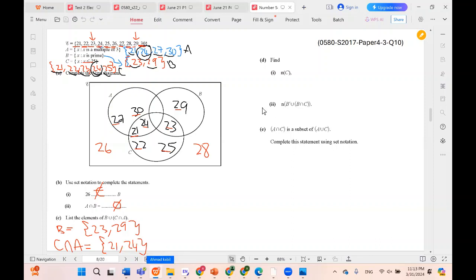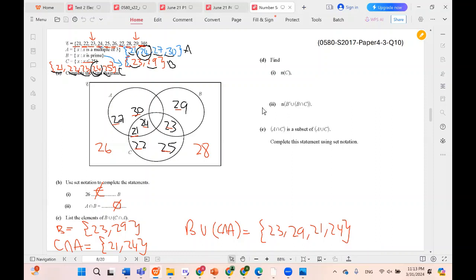So therefore, B union C intersects A would be all the 4 elements, 23, 29, 21, and 24. This would be the correct answer for C.